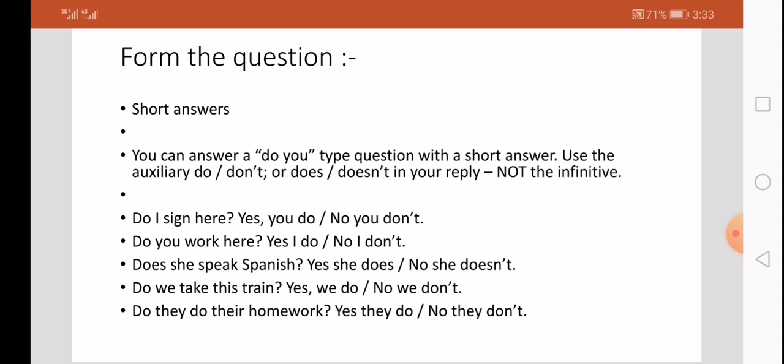Does she speak Spanish? Yes, she does. No, she doesn't. Do we take this turn? Yes, we do. No, we don't. Do they do the homework? Yes, they do. Or no, they don't. So there is a note here. Once we use does, the verb doesn't take S. We are not going to write or say does she speaks.